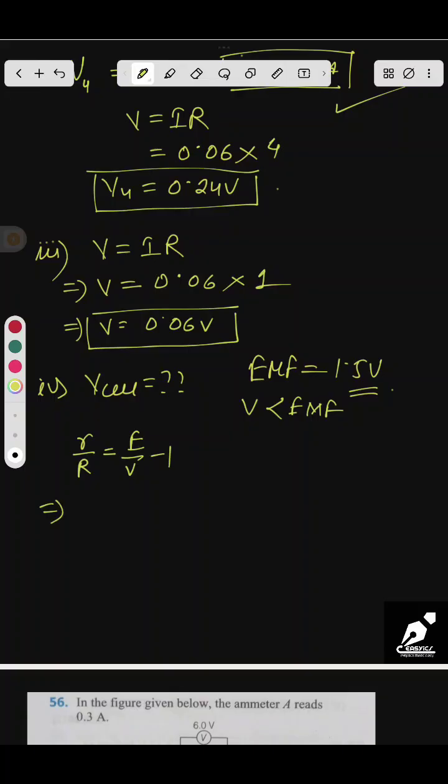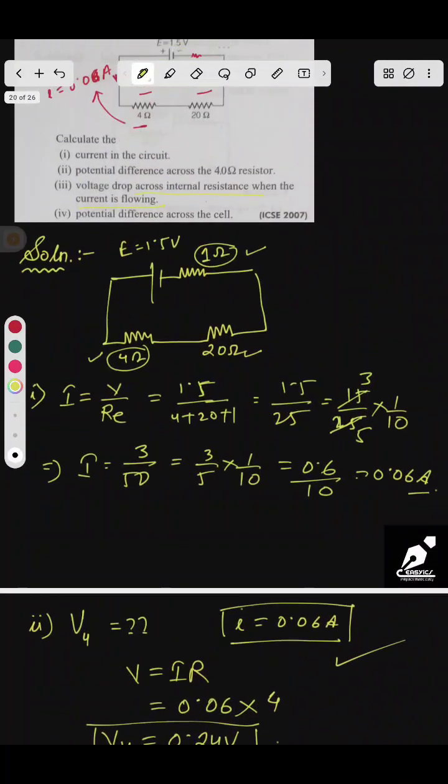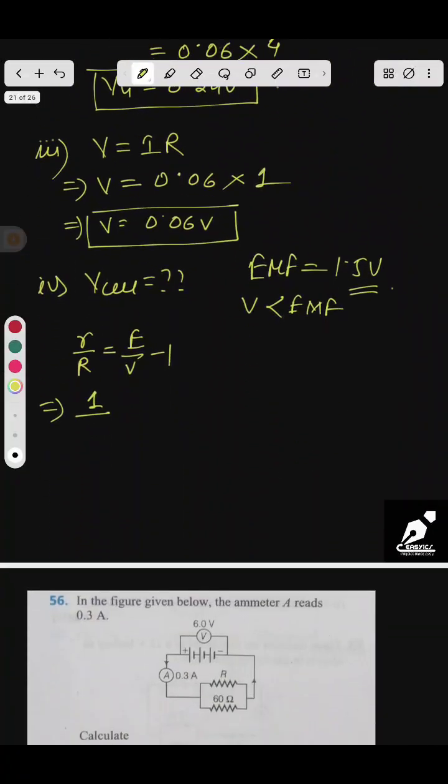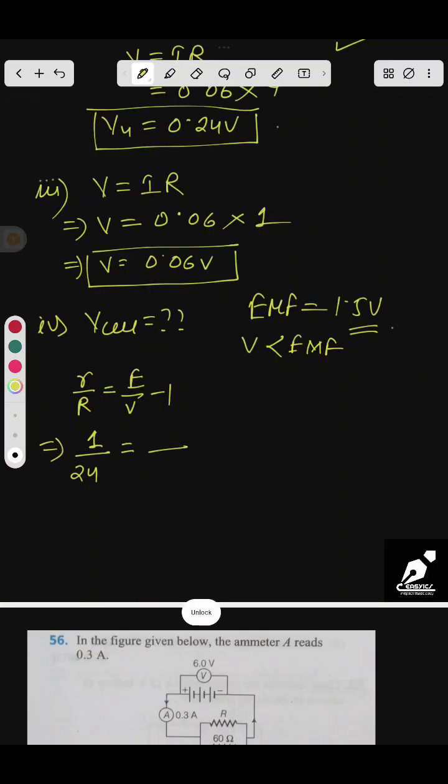So what is the internal resistance here? 1. What is the external resistance here? The external resistance is 20 plus 4, 24, because they're in series. Internal resistance 1, EMF is given as 1.5. V we need to calculate, minus 1, whatever will be coming, this will be the answer.